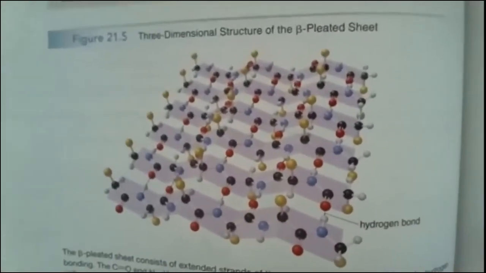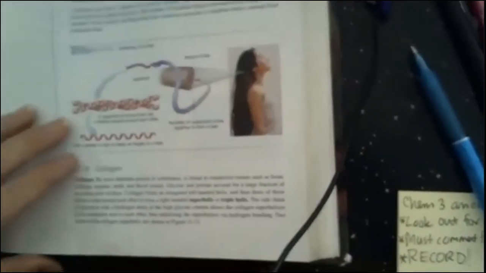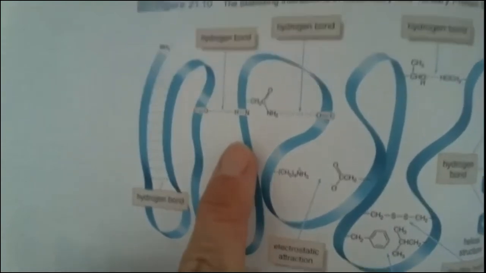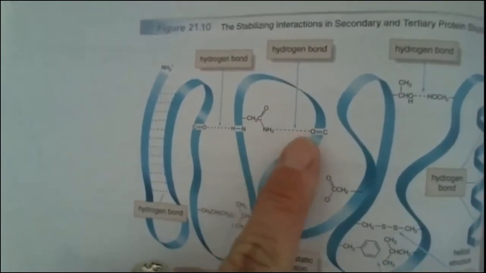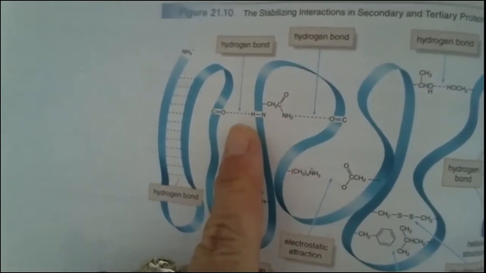Here's hydrogen bonding between different strands of a protein. Over here, this is like a picture of a protein, kind of just stylized, but it's also showing hydrogen bonding between different parts of a protein. And so there you go.